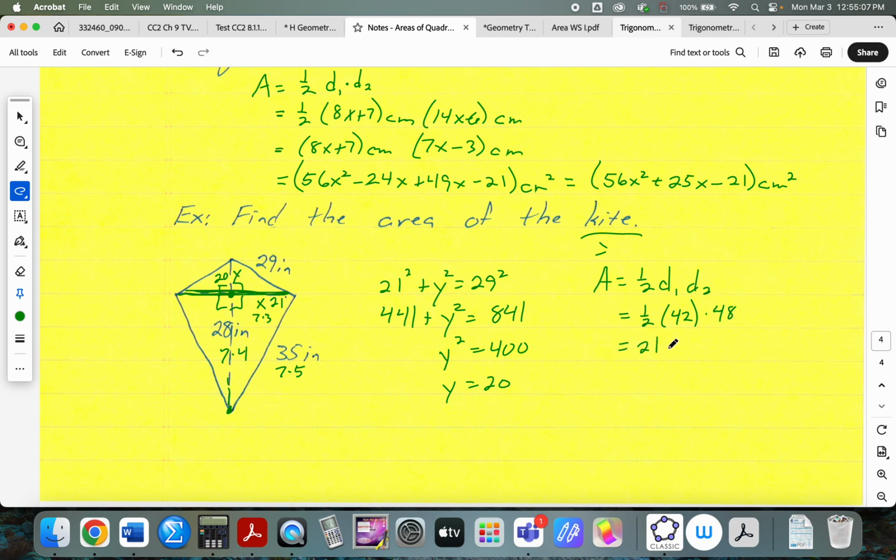So that's going to be 21 times 48. Ooh, see if I can do that in my head. 960 plus 48 is 1,008. Whew. And that'll be square inches.